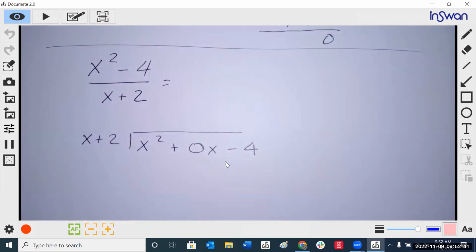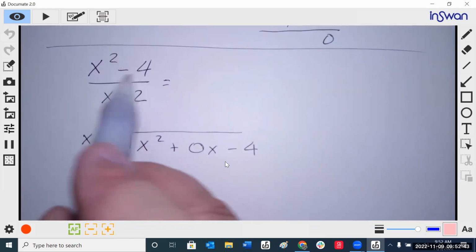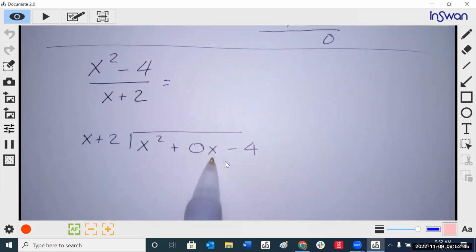I don't have an x term. There's 2 x's there. There's no x. So I'm missing the x term, so I put a 0 there to hold it.